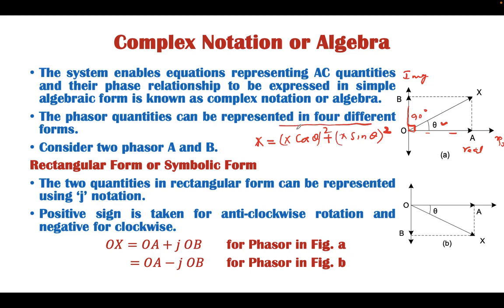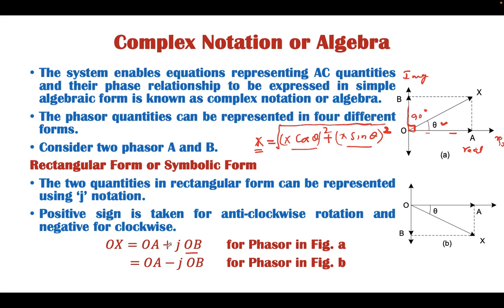We can calculate the value of x. Now, instead of writing this function as x square cos of theta square plus x sine of theta square, it can be simply represented as OA plus or minus JOB.